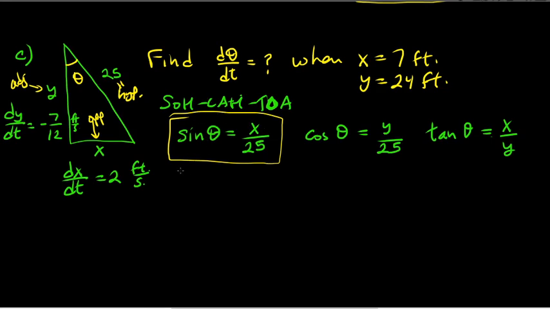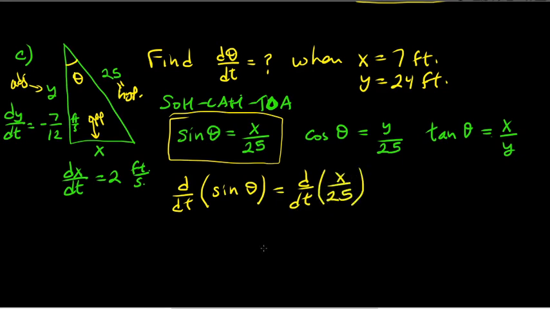Okay, so now how do we find the derivative of theta? Well, this is the equation. Take the derivative implicitly of both sides. Yep, so implicit differentiation, just take the derivative of both sides, and you would do the same thing if you chose to use cosine or tangent.